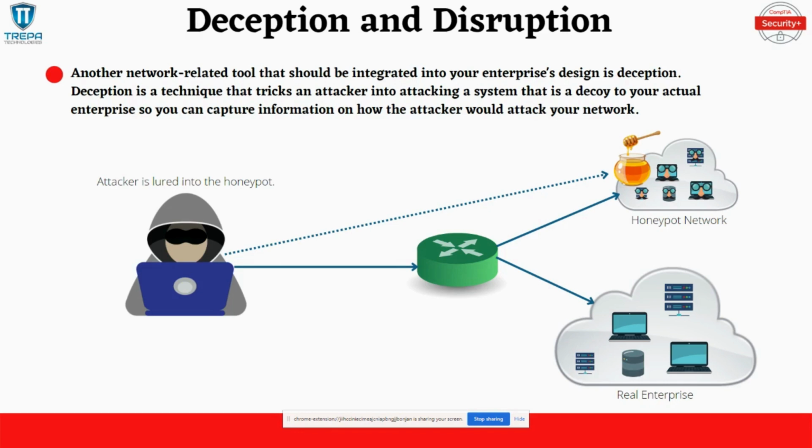Once a threat actor has infiltrated and exploited the honeypot, which has no connection to our real enterprise, you can examine their TTPs and learn from the attack. So learn their tactics, techniques, and procedures. That's what we mean by TTP.